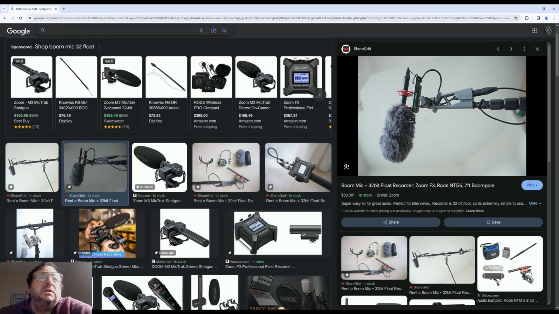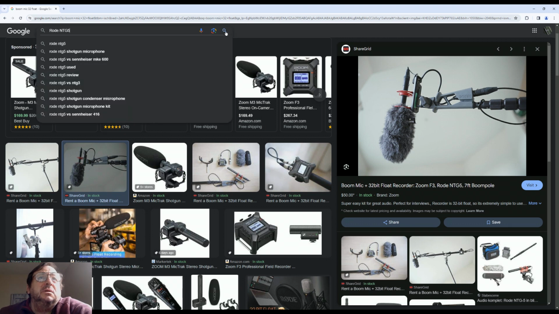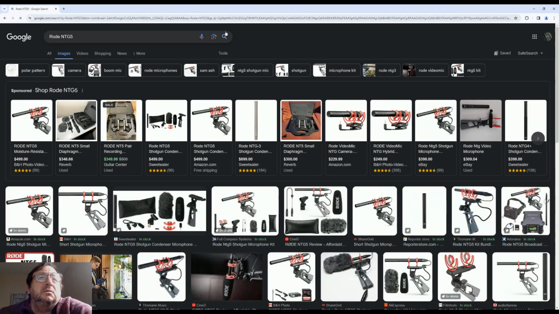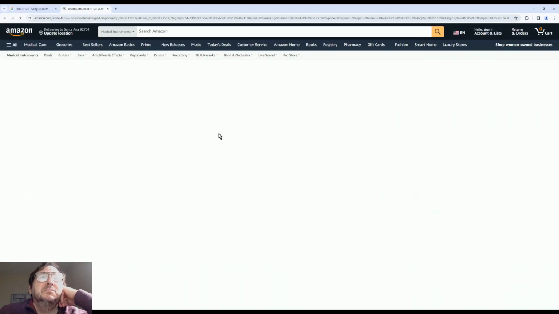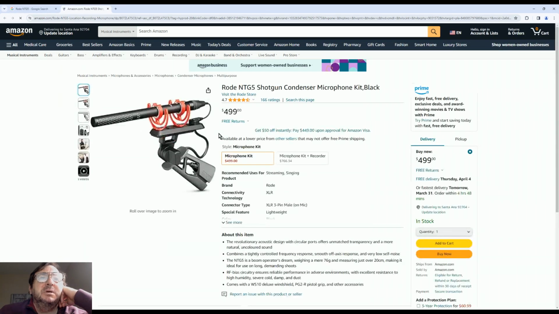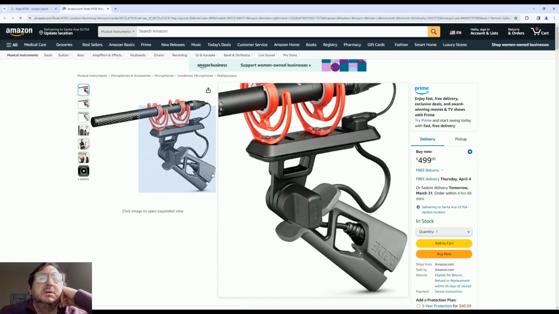You keep it at a distance. Yeah, this one is good. But again, that's designed for 32-bit and a recorder. It depends how far you want to take it.